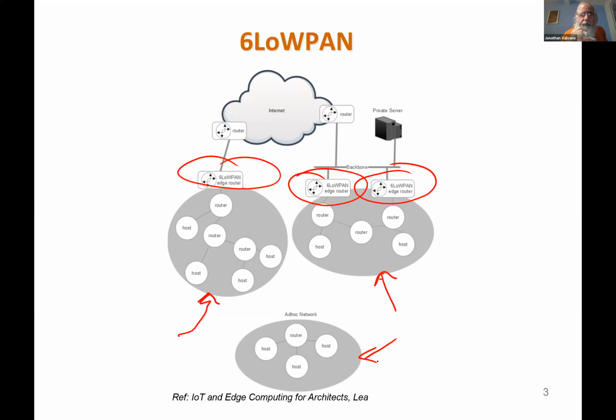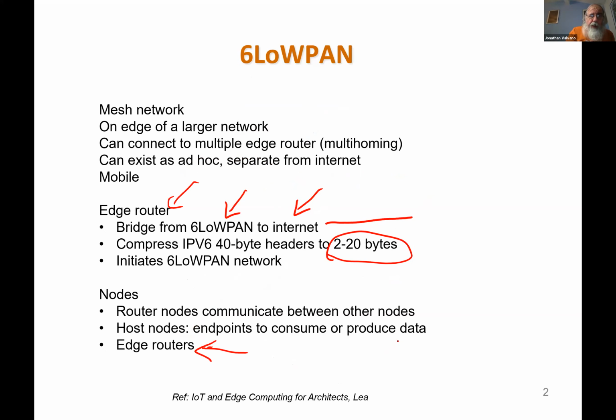There's 3 of them here. A network might have one edge router, it might have 2 edge routers, or it might have no edge routers, in which case it's essentially an ad hoc, completely personal area network with no internet access at all. That's perfectly okay.